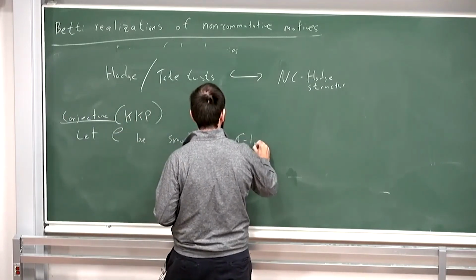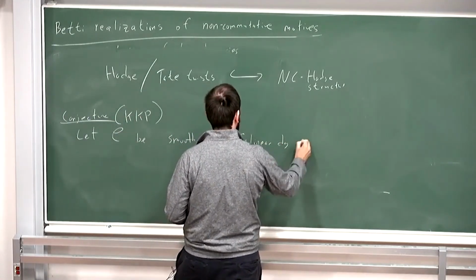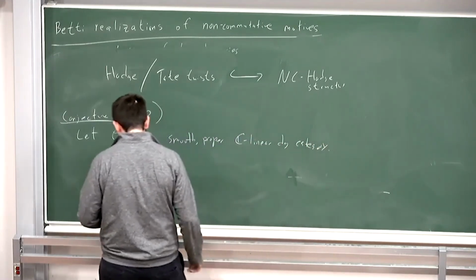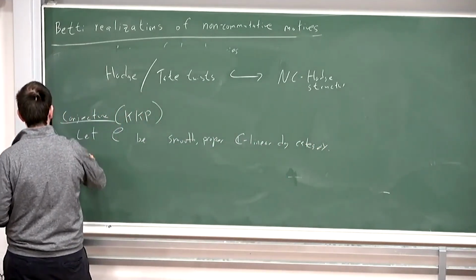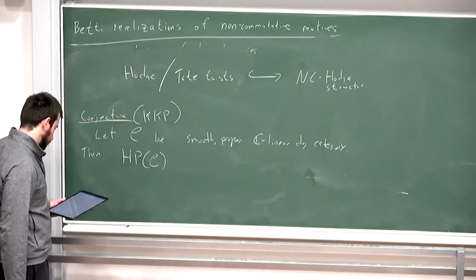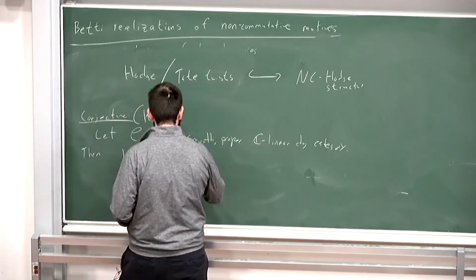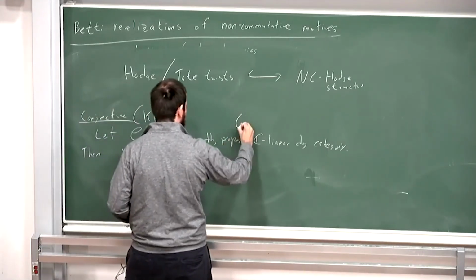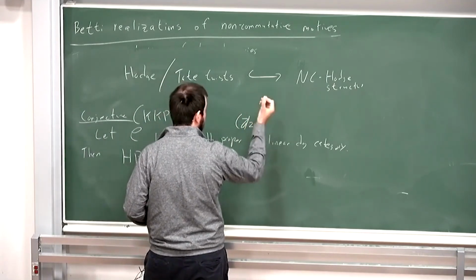C linear DG category. Then the periodic cyclic homology of C has a, right, and it can also be Z mod 2 graded, or 2 periodic.